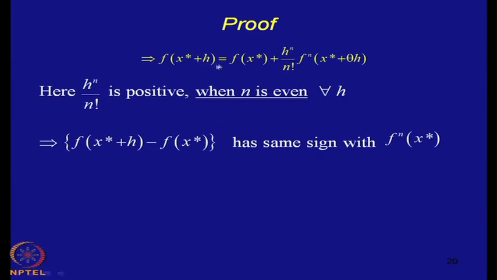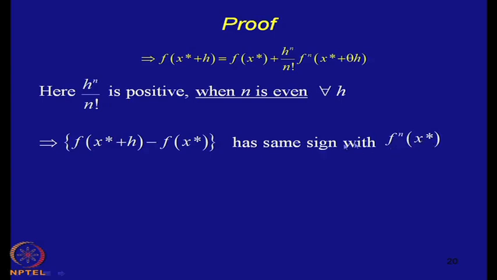Thus, we can say that f of x star plus h minus f of x star is equal to this. Now, if we consider n is even, then for every h, h to the power n by n factorial is positive. That is why the term f of x star plus h minus f of x star is totally dependent on the sign of f n of x star plus theta h.